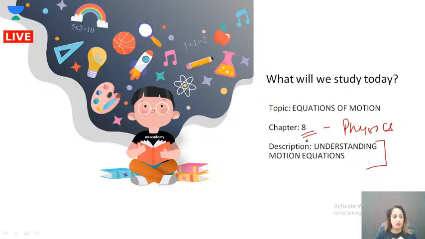Here we will focus on the motion equations, where and how we can use them to solve numerical problems. Let's get started.